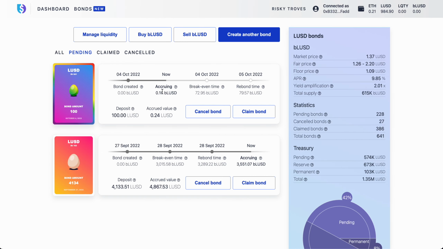We see that BLUSD is starting to accrue. So far 0.7, which multiplied by the current price is 0.96 LUSD. That's why we have the slider to slide this around and simulate different market conditions. So canceling is getting this back.